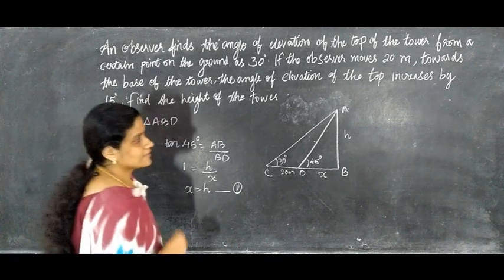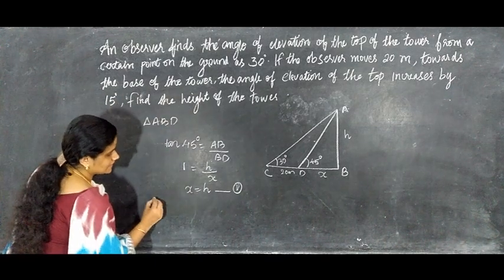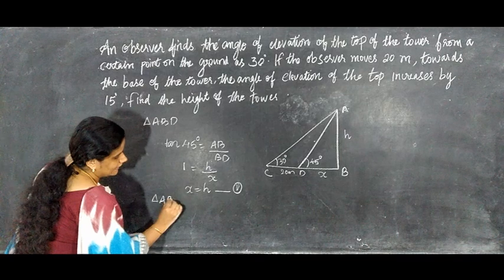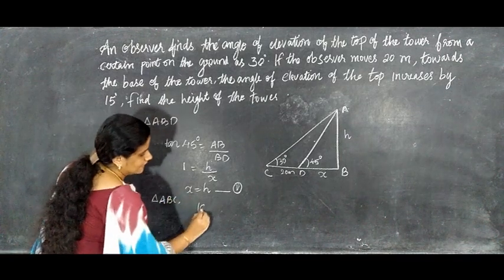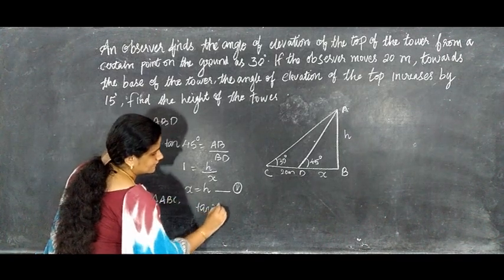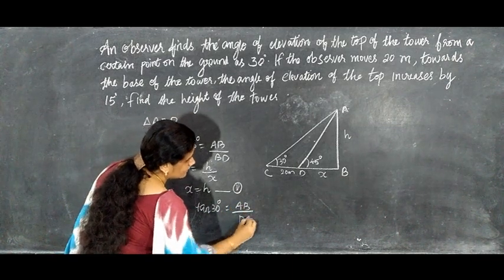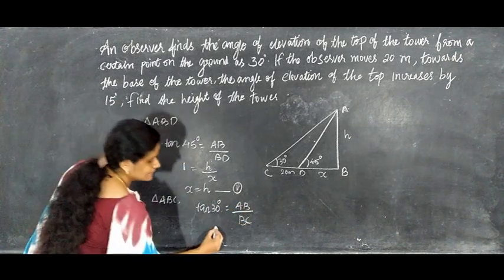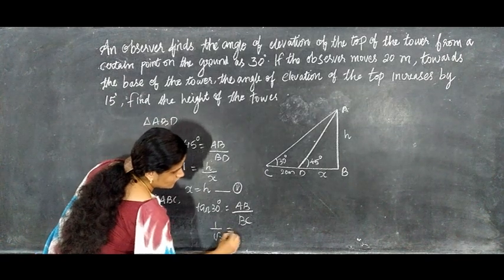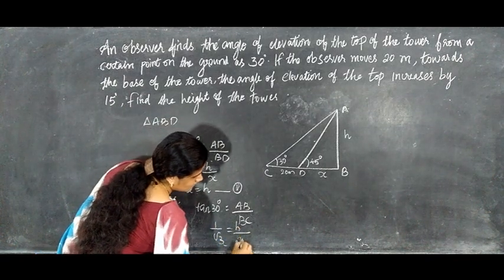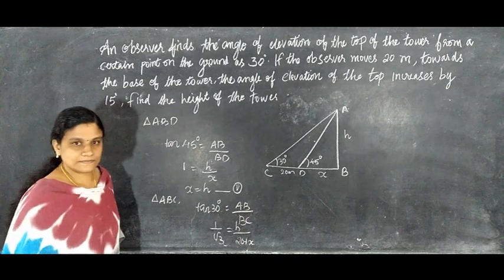Okay. Now the next right angle triangle ABC. Is it? Right angle triangle ABC, tan 30 degree is equal to AB by BC. That is 1 by root 3 is equal to H by 20 plus X. Yes.